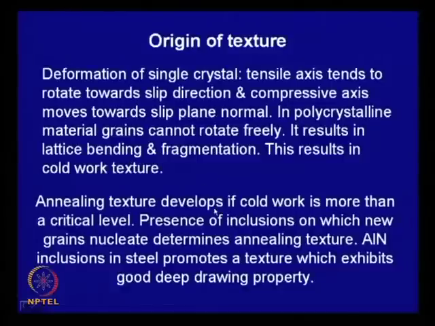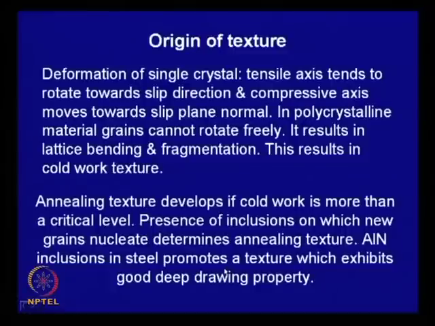Likewise, you can also have annealing texture. If the cold work amount is extremely high, greater than a critical value, then even if you anneal, there will be some amount of texture, and this texture also depends on the type of second phase particles that are present in the material. Like in steel, if you have aluminum nitride, this gives a texture which is quite favorable for deep drawing kind of steel.